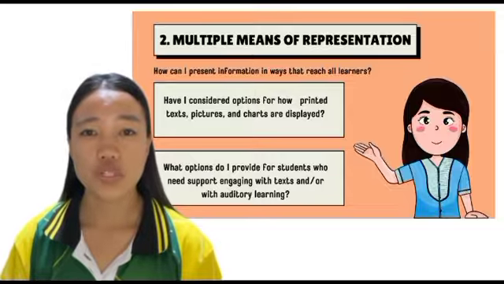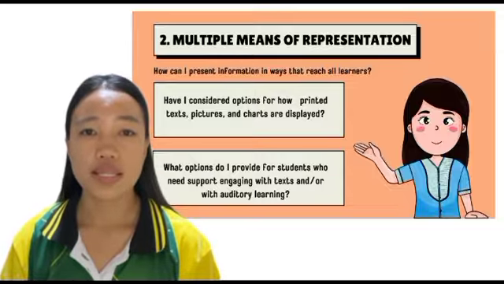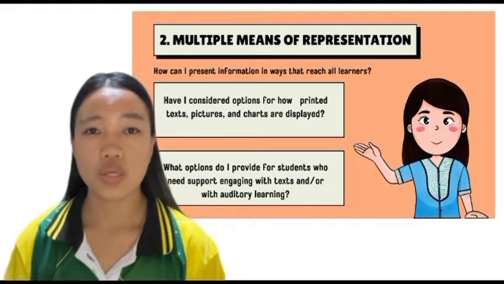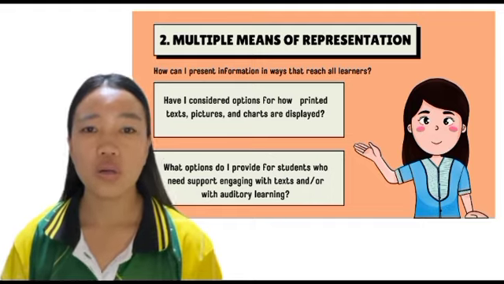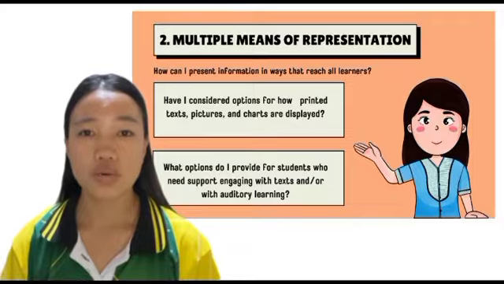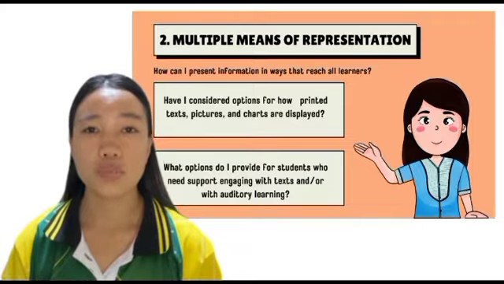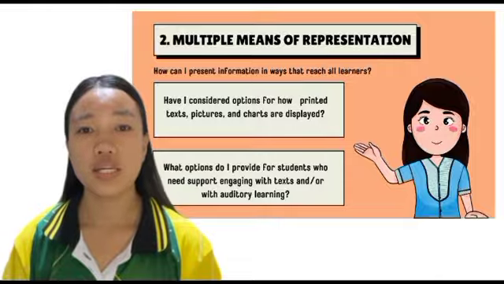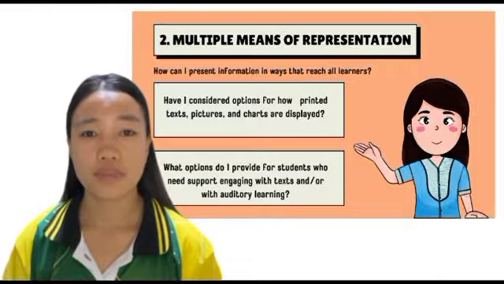So as teachers, we must always ask ourselves, are we presenting information in different ways so that all students can understand? By doing this, we can create an inclusive classroom where every student has the opportunity to learn in a way that works for them.